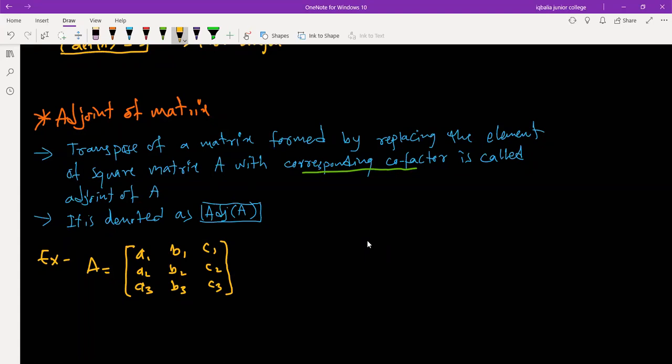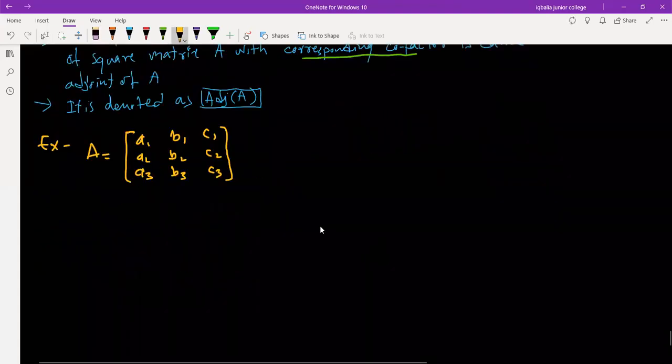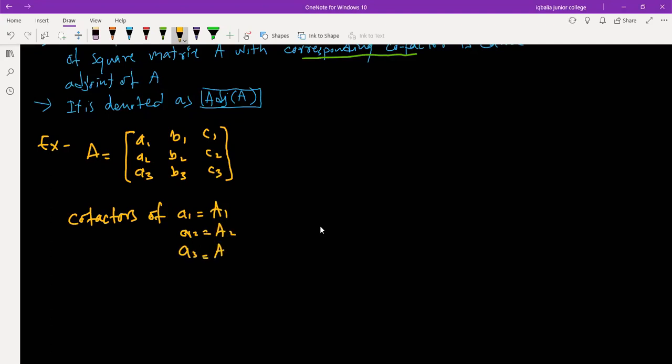Now, let's suppose the cofactor of every element. Let's suppose cofactor of A1 is capital A1, similarly A2's cofactor is capital A2 and A3's is capital A3.